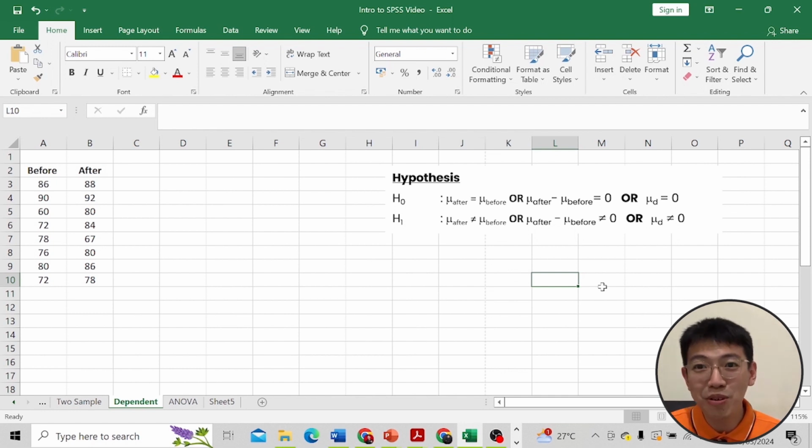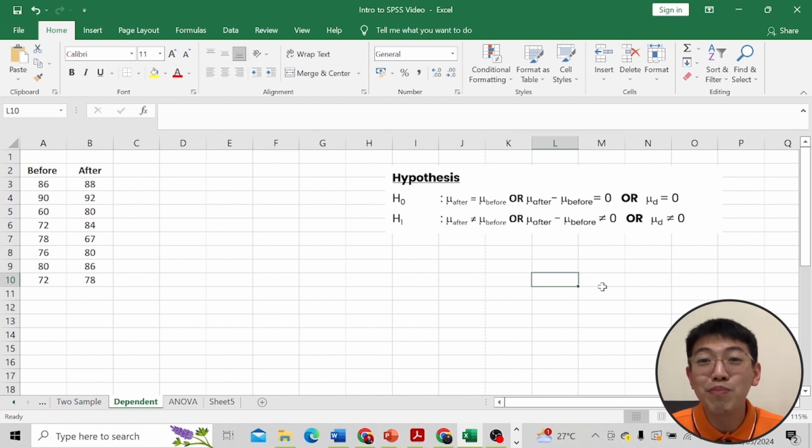The alternate hypothesis, or H1, will be mu after is not equal to mu before. Or I can rearrange the equation: for H0, mu after minus mu before is equal to 0, and for H1, mu after minus mu before is not equal to 0.